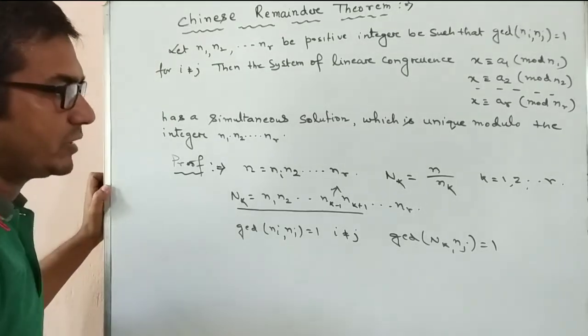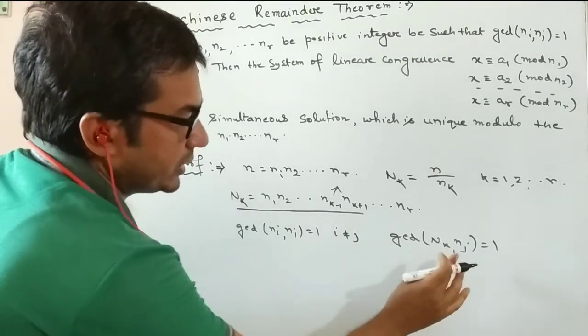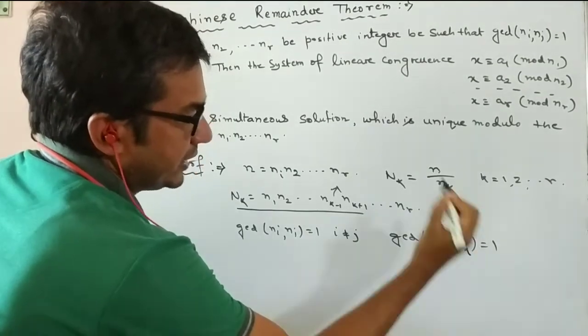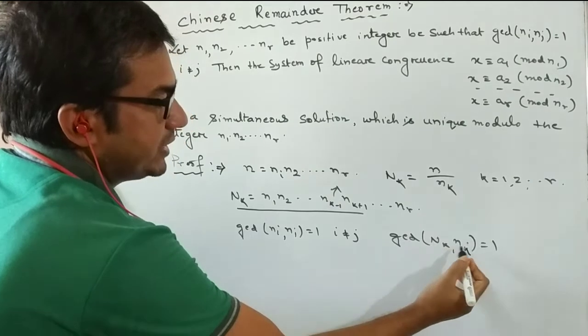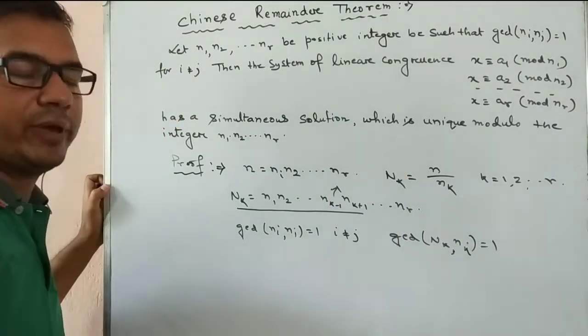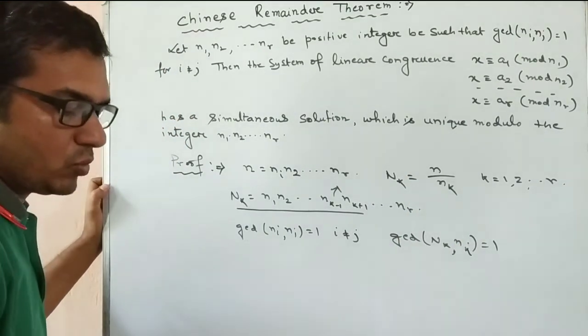Sorry, this is capital N_k by small n_k equal to 1.